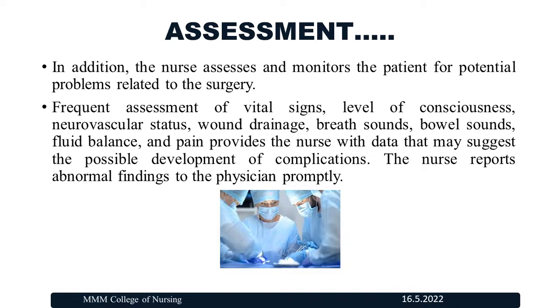The nurse additionally monitors potential problems related to surgery. Vital signs, level of consciousness, neurovascular status, wound drainage, breath sounds, bowel sounds, fluid balance, and pain provide the nurse with data suggesting possible development of complications, which are also to be assessed. The nurse reports abnormal findings immediately to the physician.